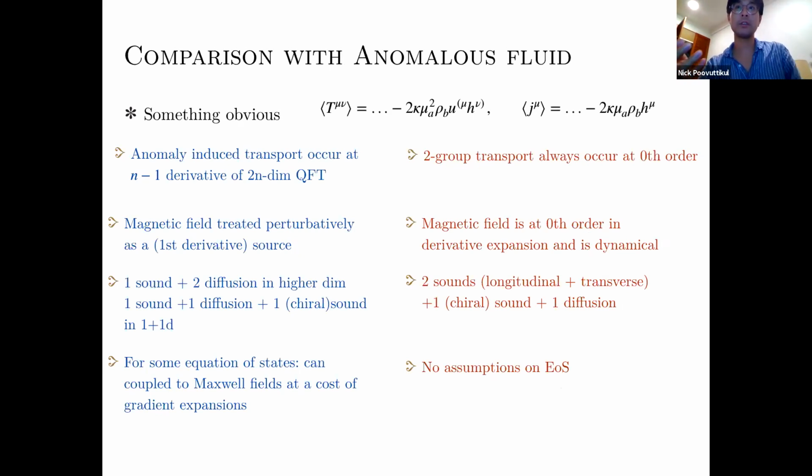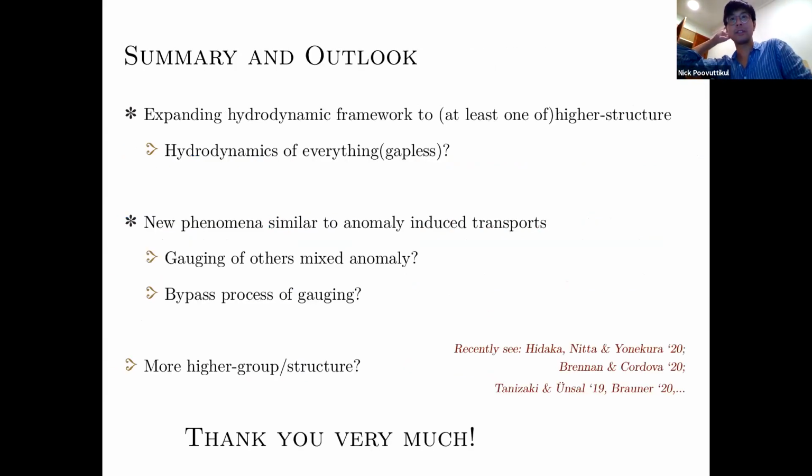For some equation of state, you can gauge the anomalous fluid coupled with a Maxwell field that we saw earlier in the first few slides. It comes at the cost of the gradient expansion. In this case, you assume no splitting of the partition function, and the gradient expansion is still fine. So what actually ends up happening here is that we try to expand the hydrodynamic framework to at least one of these things called higher structures.